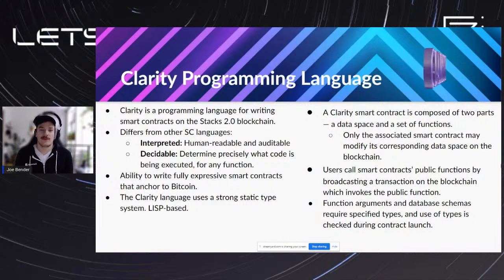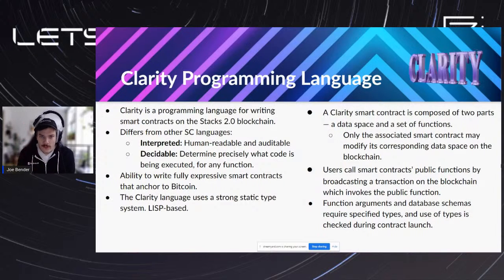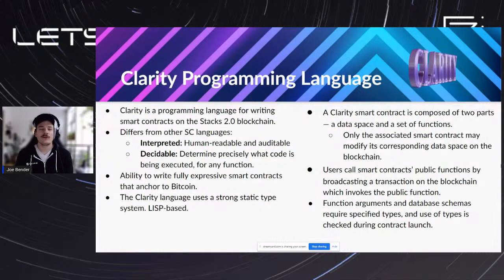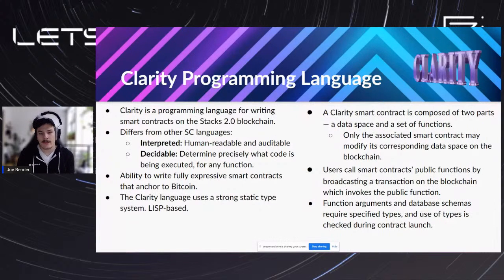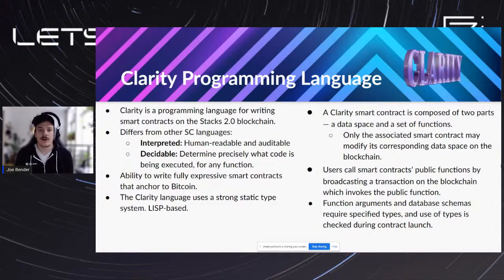It's also decidable. Solidity is Turing complete. That means that it operates like a computer. It can run through programs. It runs programmatically through lines of code. And that also gives it a couple of functionalities, such as looping, or running through a certain statement, and whatever that statement does, it's going to do it.